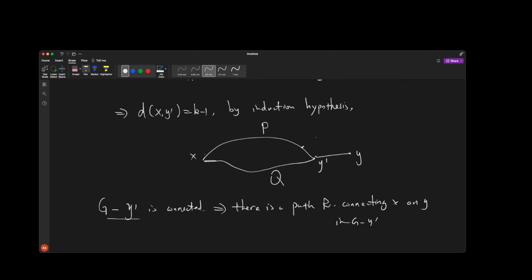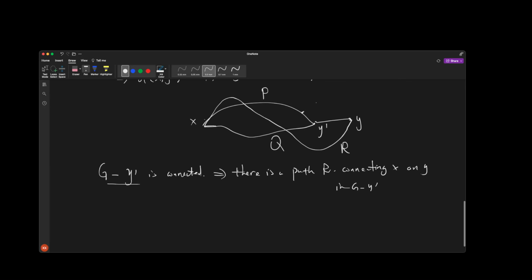So this path R does not pass through Y prime and arrives at Y.